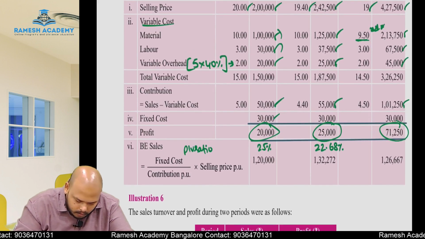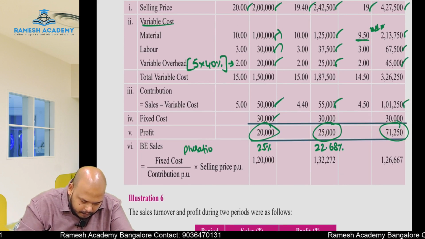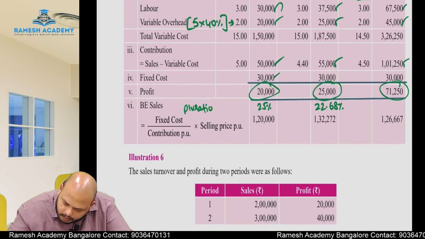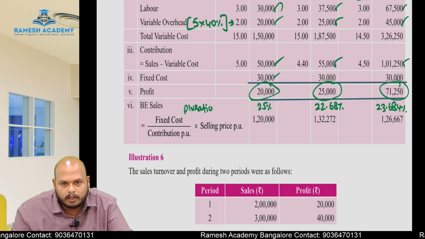Here 1,01,250 divided by 4,27,500 into 100, that is 23.684%. Okay, we got the PV ratio.